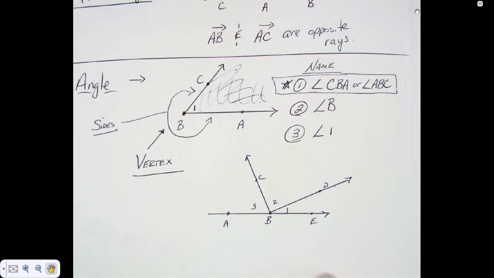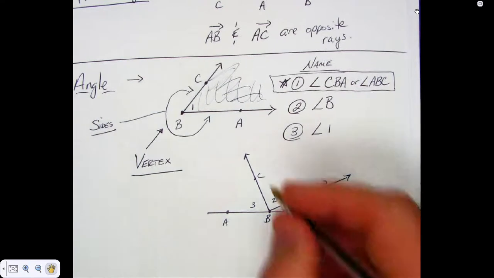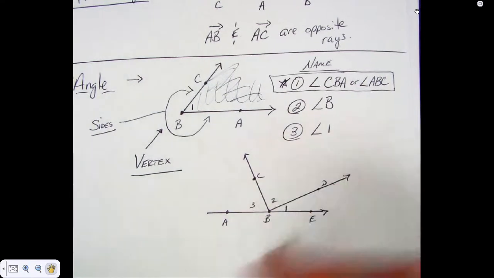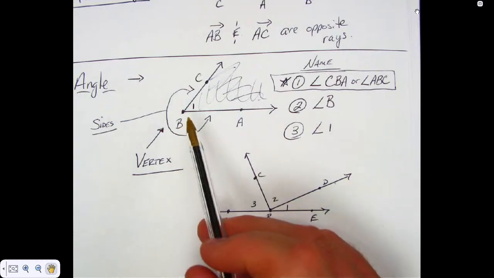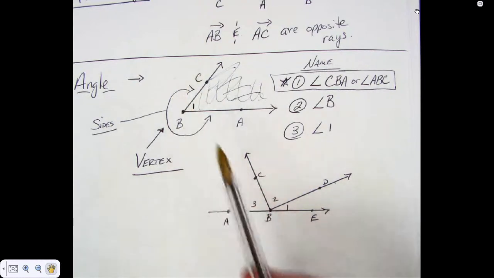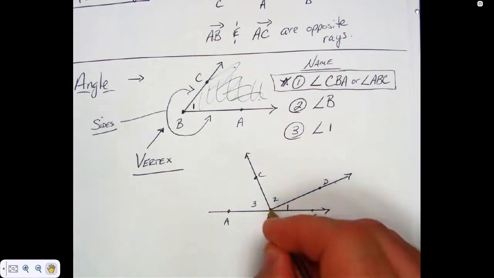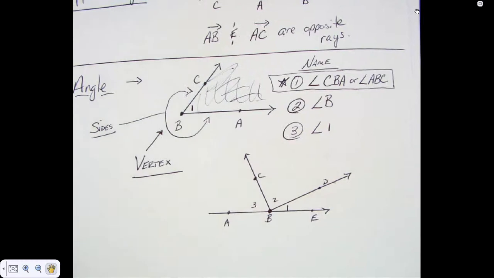Everyone look up here. If I said, hey, look at angle B over there, would you know exactly what angle I was talking about? What about down here? How many angles have a vertex of B there?